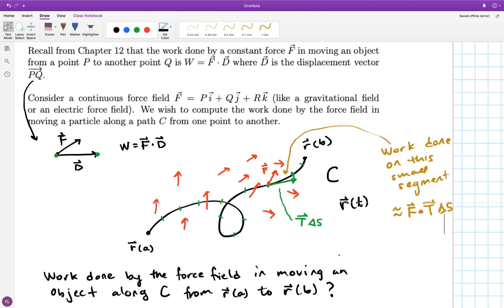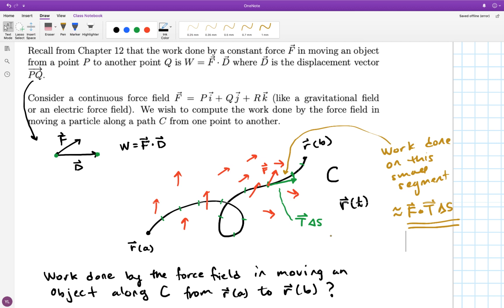So skipping the gory details of the precise Riemann sum to build the integral that computes this work, I see right here the fundamental unit of computation, right? I compute this amount for every single one of the segments, I sum it up, and then I let the number of pieces go to infinity, and that creates my integral.